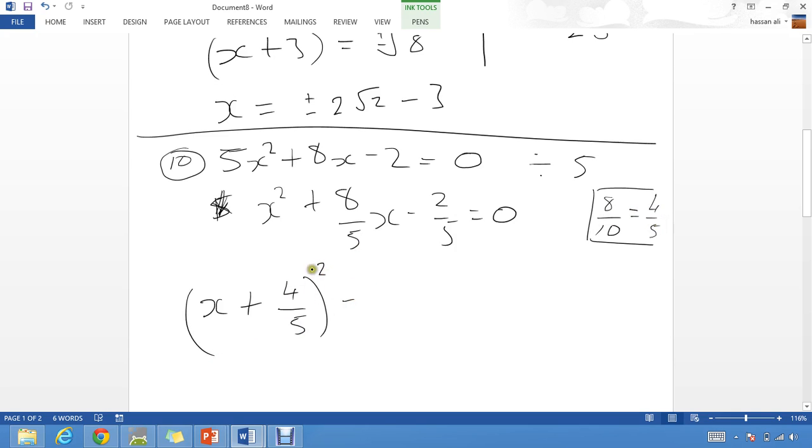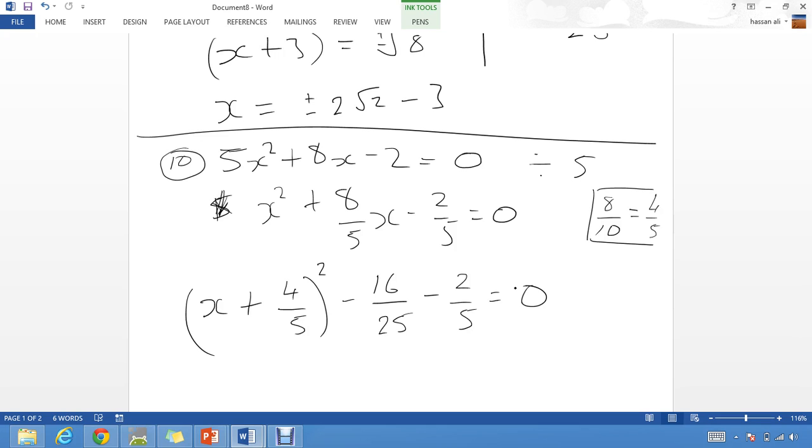Minus the square of this number, remember? When you're squaring fractions, you just square the individual numbers. It's simple. So 4 squared is 16 over 25, and that's minus 2/5, and then that will be equal to 0. Now remember, it's 16 over 25 minus 2/5.